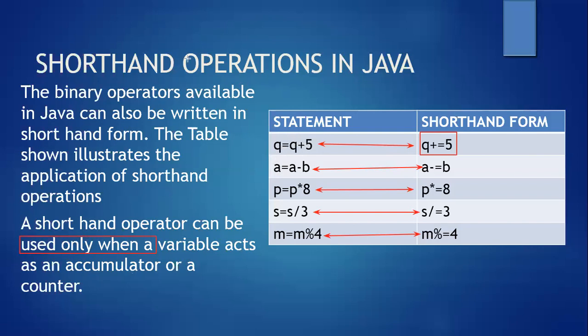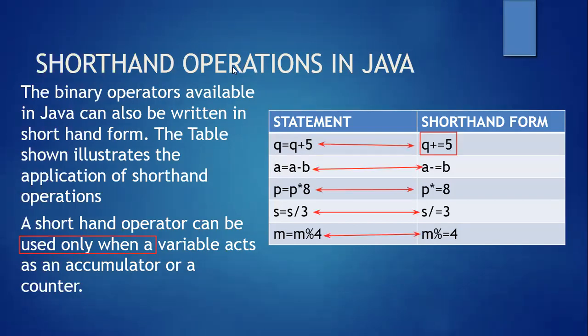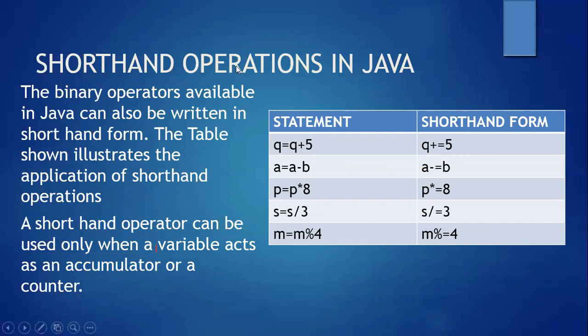If I want to use a shorthand operator, I cannot use it in a different way. Whenever you use a shorthand operator, your variable should act like an accumulator. Let me explain with an example.